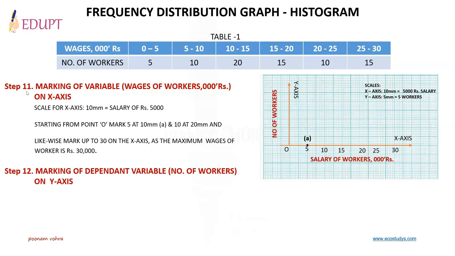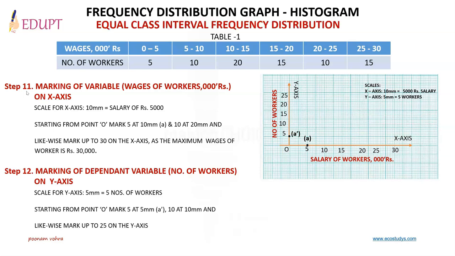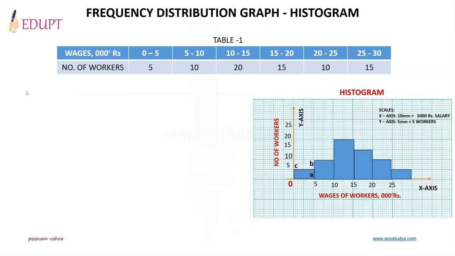Next step is marking of dependent variable, that is number of workers on y-axis. We have already found out the scale for y-axis, that is 5 mm is 5 number of workers. Starting from point 0, mark 5 at 5 mm depicted by A dash, 10 at 10 mm and likewise mark up to 25 on y-axis as is depicted here.